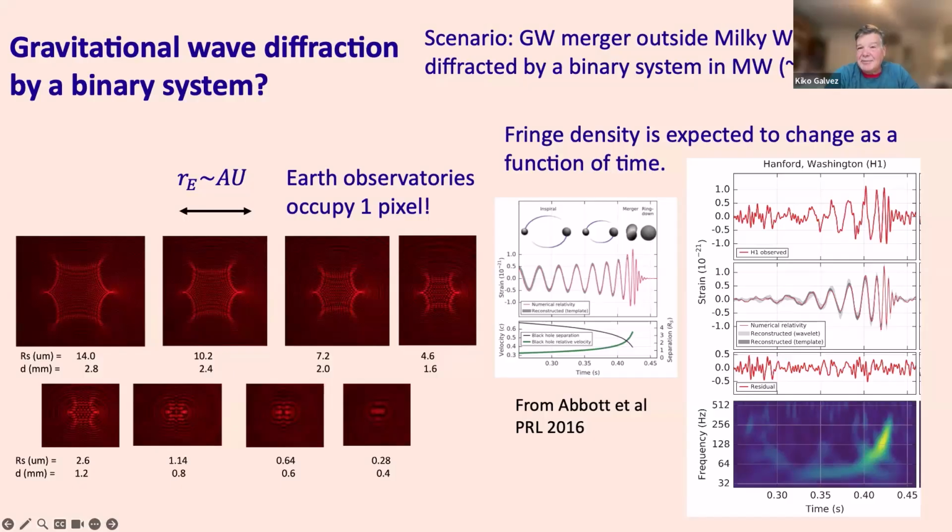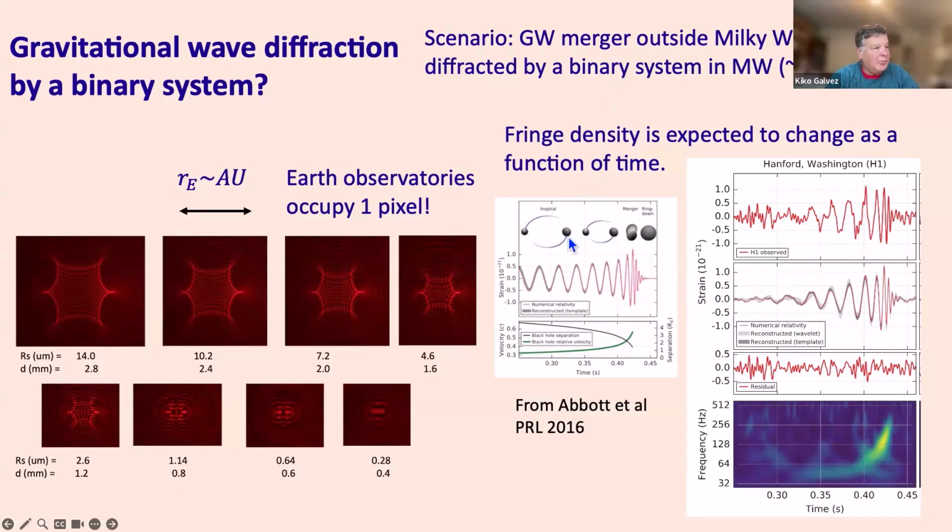Okay, but there is a dynamic aspect of that, and that's on the right side. I took these images from the article on the first report of gravitational wave detection of a black hole merger.